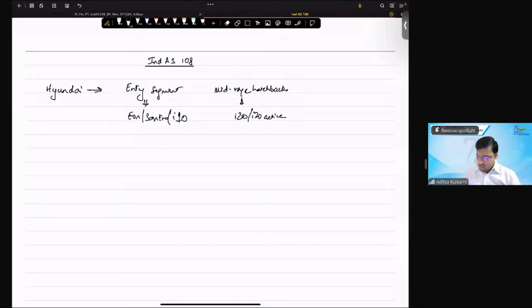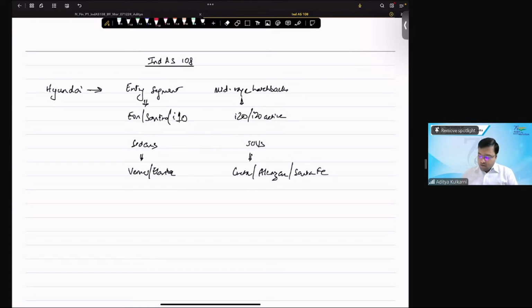Then we move on to the next one, that is sedans. In your sedans, you have the Verna, you have the Elantra, and then you have the SUVs. Now, when I talk about SUVs, typically this will include vehicles like Creta, Alcazar, and once upon a time there was a vehicle called Santa Fe by Hyundai. Now it's no longer there. But for our examples, we can discuss.